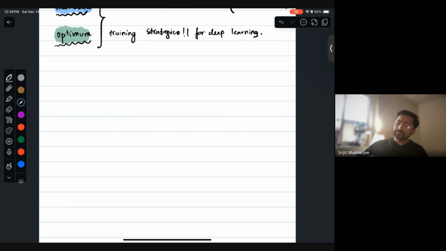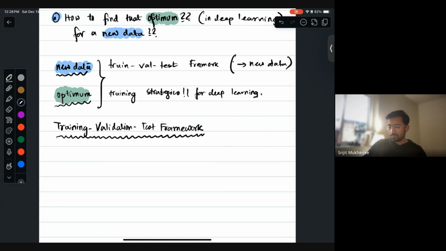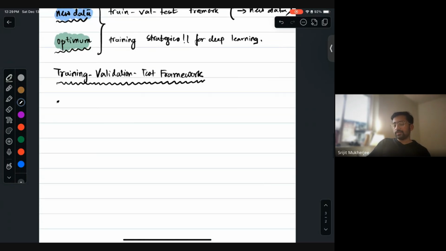So let's first go into this train, test, validation framework. First, a subset of this is the train test framework. So what is a train test framework?